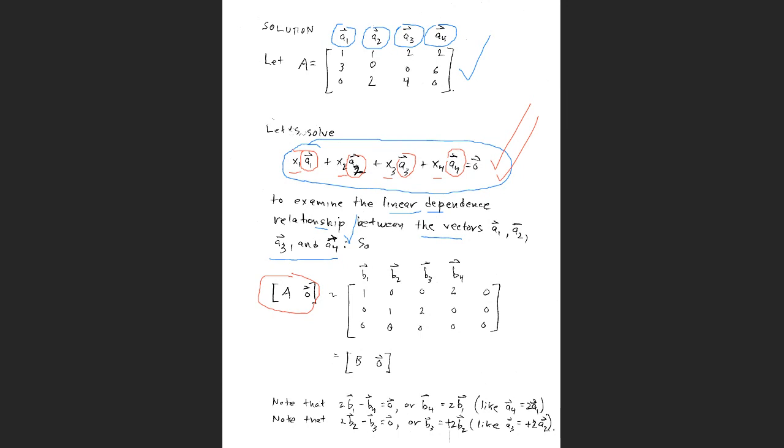I left out the row operations here, but if I do the row operations and get the augmented system in reduced row echelon form, the augmented matrix A0 becomes the augmented matrix B0, where the matrix B is this matrix with vectors B1, B2, B3, and B4.